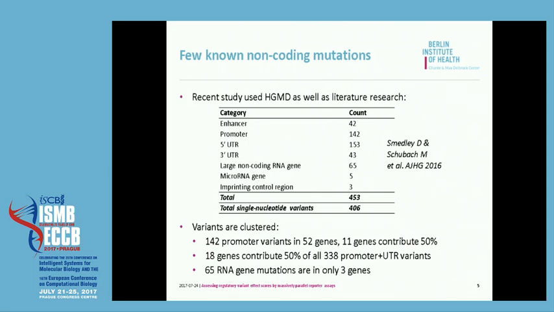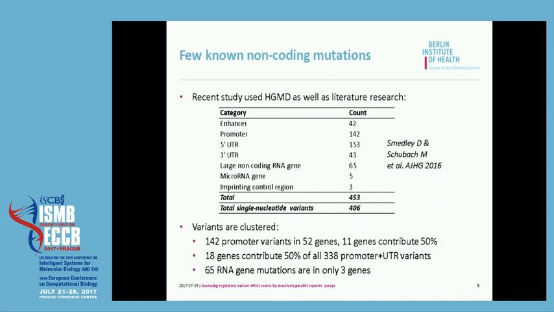So there was a recent study last year where a group collected known non-coding variants with a disease effect, and you can see these are rather small numbers. So we have a little more than 400 single nucleotide variants where we are rather sure that these are disease-causing.